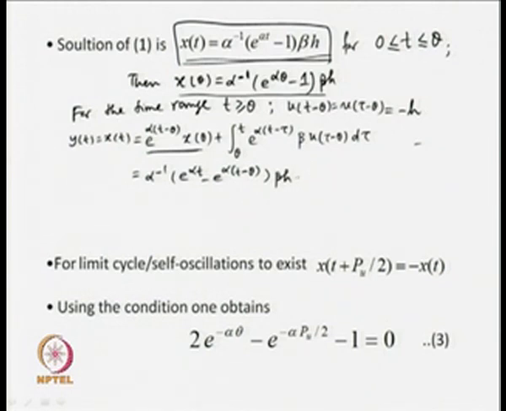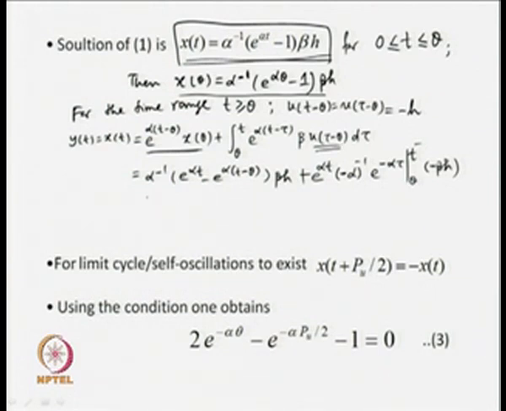Then the second part, the integral part, can further be simplified, giving us e to the power alpha t times alpha inverse e to the power minus alpha tau with the limits theta to t, and we are left with minus beta h, because the input is minus h now.